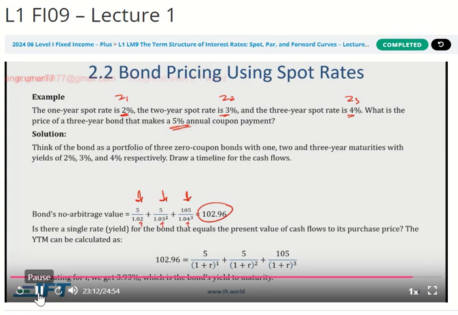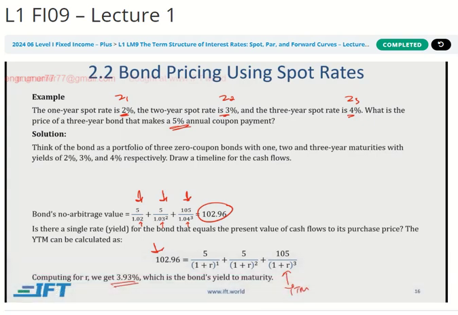And vice versa, you could plug in that 102.96 and calculate the YTM, right? If it was a single rate, and that comes to 3.93, which is kind of an average of this 2, 3, and 4. So now you get that the YTM is a mixed rate and the separate rates are separate.